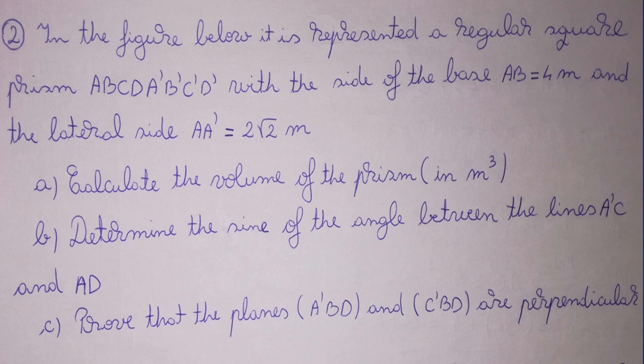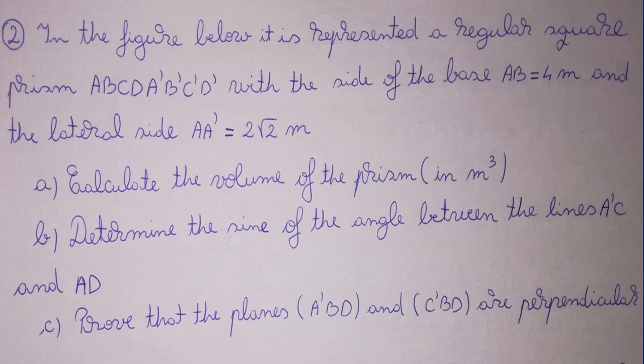Problem number 2. In the figure below it is represented a regular square prism ABCD, A prime, B prime, C prime, D prime, with the side of the base AB equal to 4 meters and the lateral side AA prime equal to 2 square root of 2 meters.